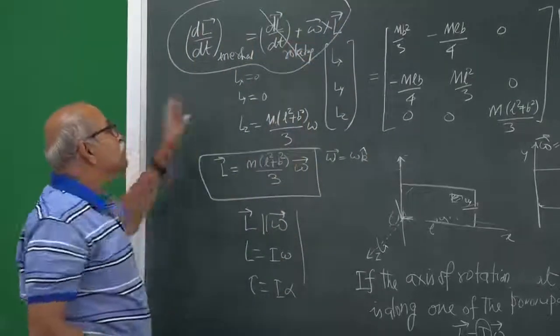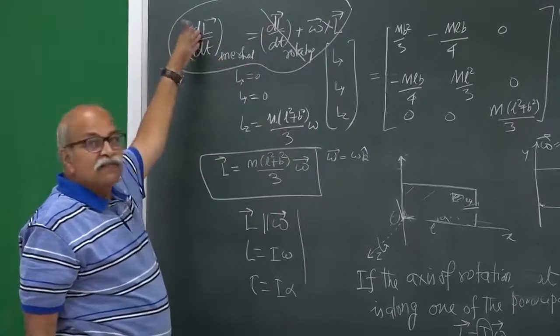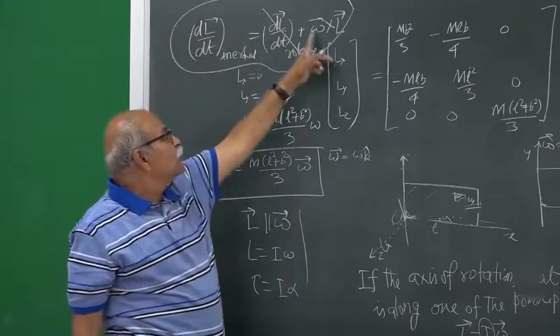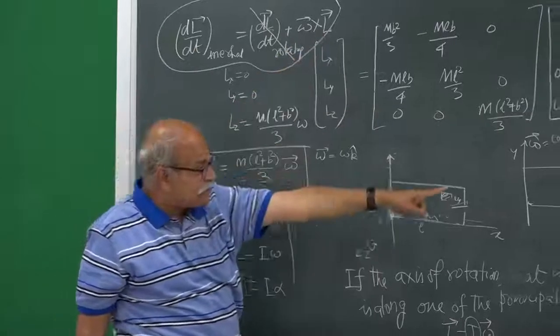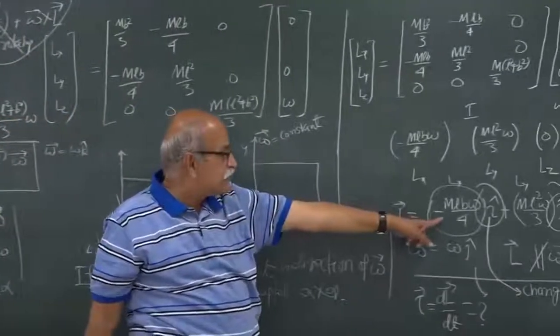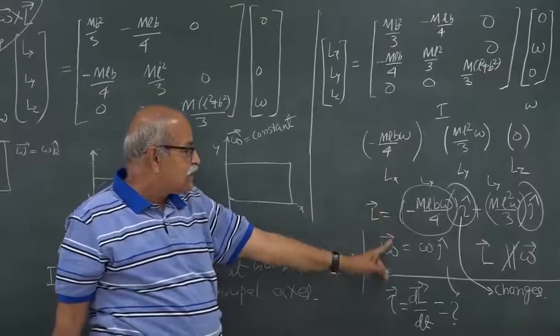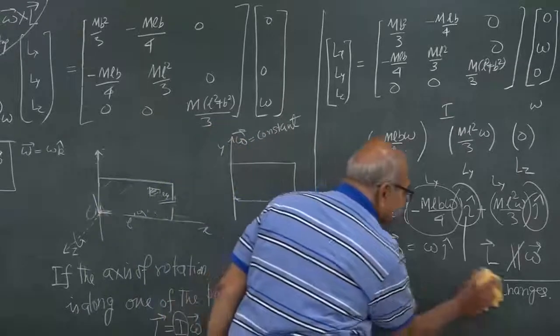In the rotating frame this L is constant, but in the inertial frame, which is non-rotating, dL dt is equal to omega cross L. You have the expression for L, you have the expression for omega. You can calculate from here what is the torque. So, let us do that.